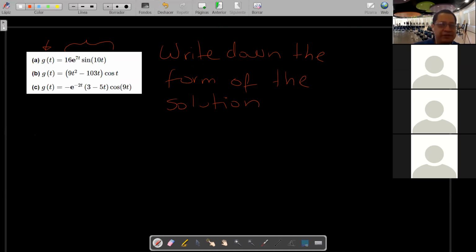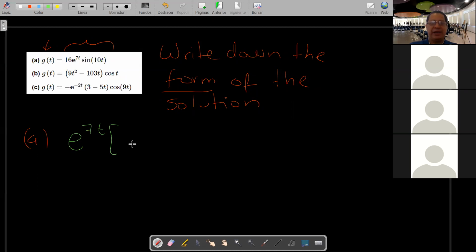So for the first case, g of t is the product of an exponential times sine. So what is the form of the solution? We just simply write down the exponential without any coefficient, and that will be multiplied by the solution of the sine.